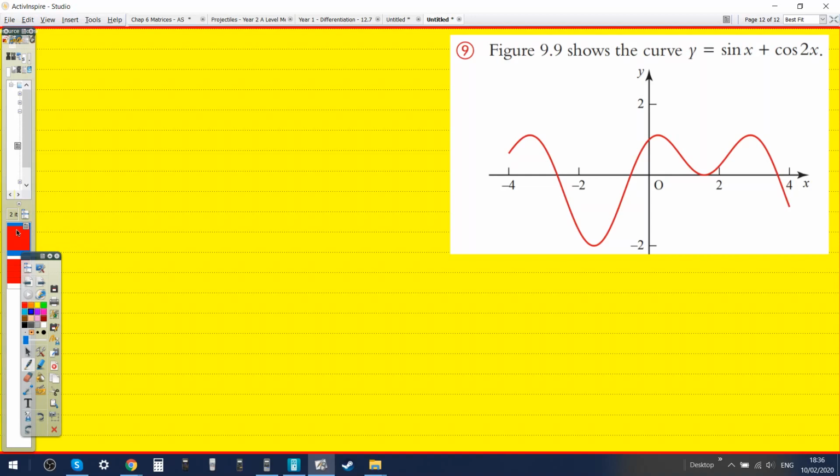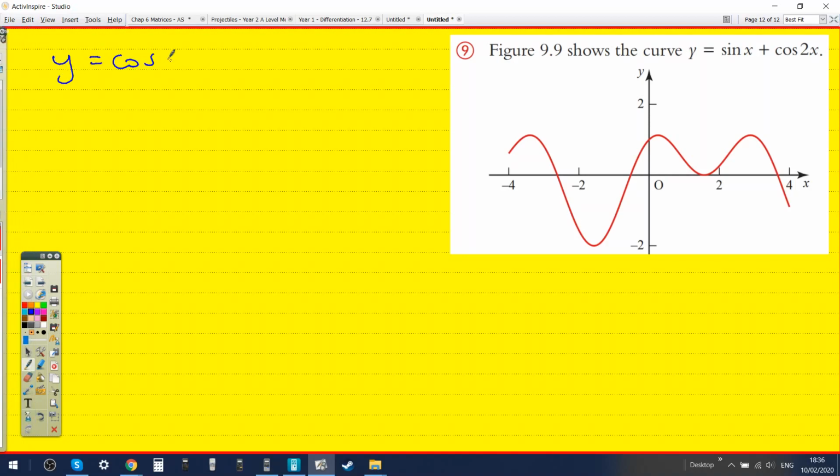Yep. So dy by dx equals cos x minus 2 sine 2x. That's just differentiation. So then 0 equals that equation, and then you want to solve it for x. You want to find out what x is. Would you have to do some identities to figure that out?